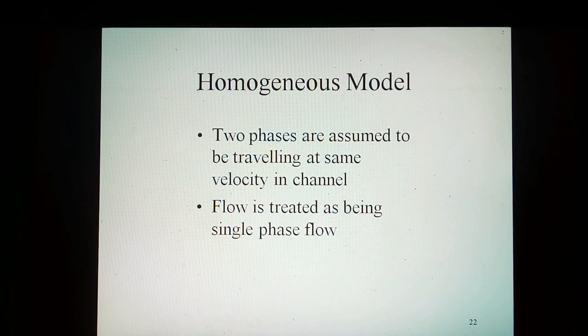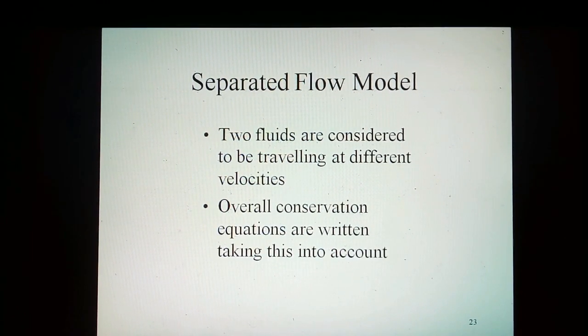In the homogeneous model, the two phases are assumed to be traveling at the same velocity in the channel, and the flow is treated as being analogous to a single-phase flow. Separated flow models. Here, the two fluids are considered to be traveling at different velocities, and overall conservation equations are written taking this into account.